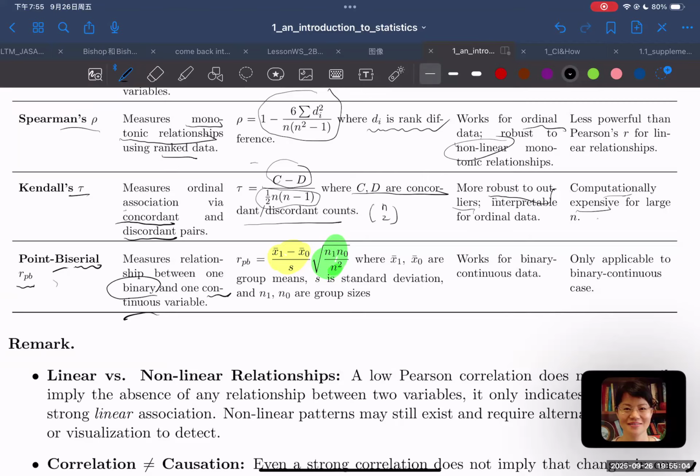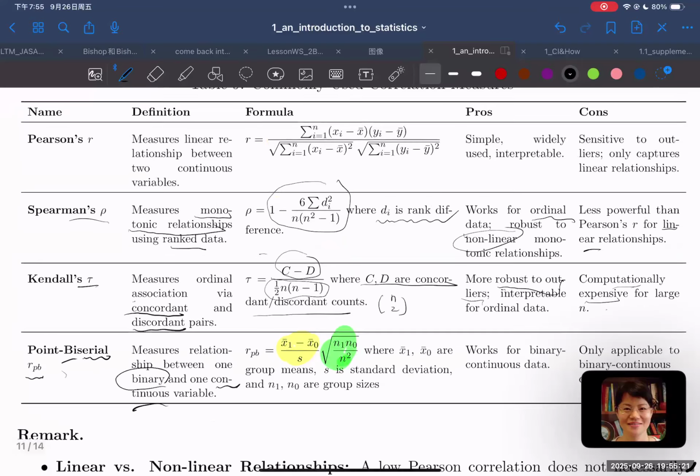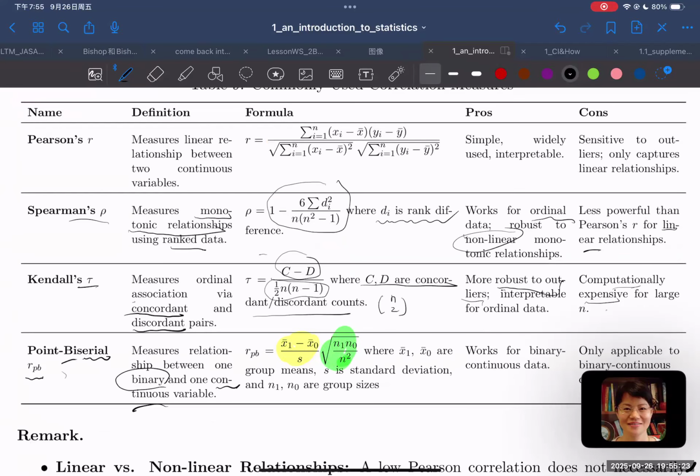Here you can see it's not as good as Pearson if you consider a linear relationship, but if it's a nonlinear relationship, Spearman's rho would work better. For these four, you have to understand how to calculate each of them and in what situation you recommend which.